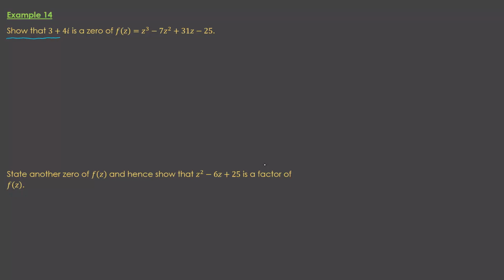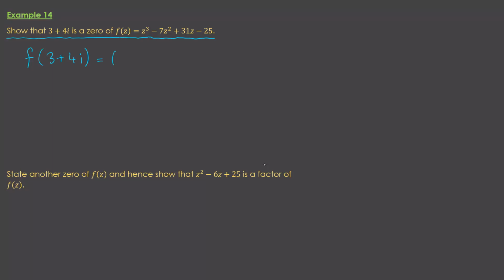We want to show that 3 plus 4i is a 0 of f of z, which is z cubed minus 7z squared plus 31z take away 25. In other words, we want to work out f of 3 plus 4i.